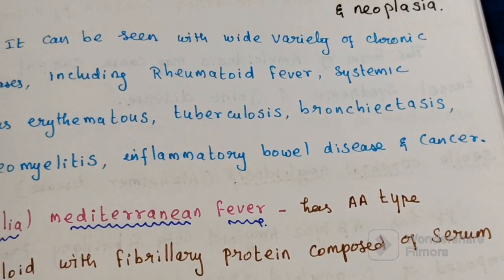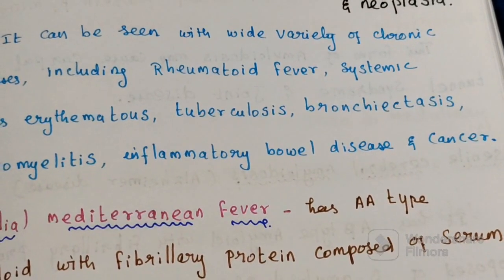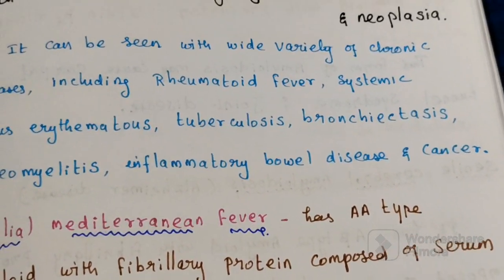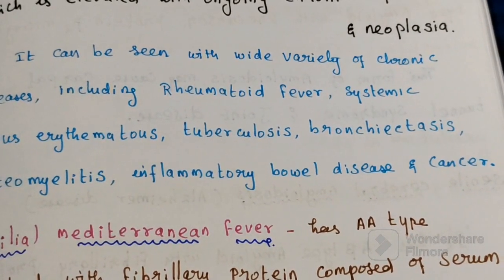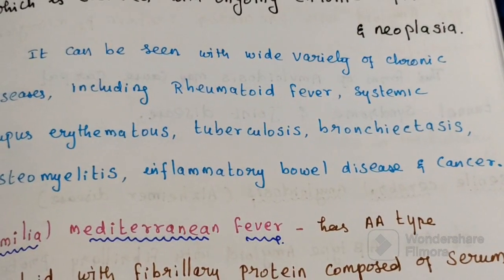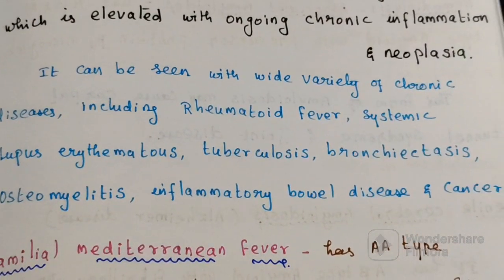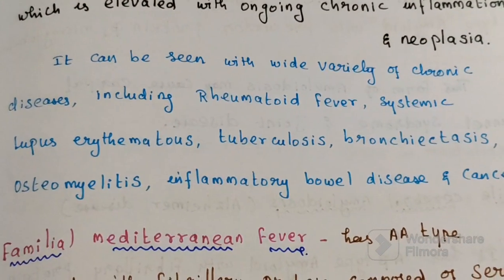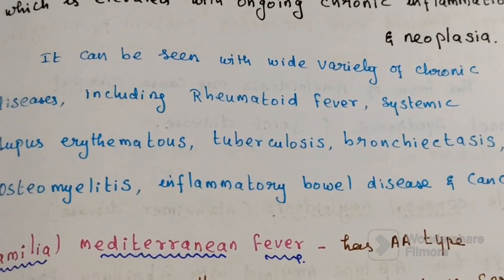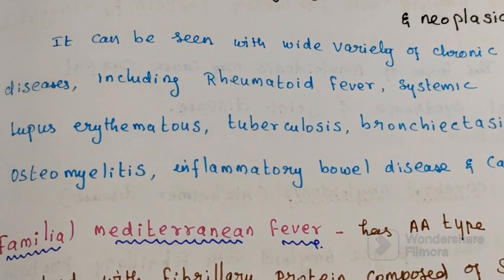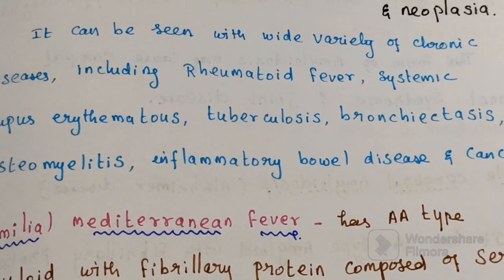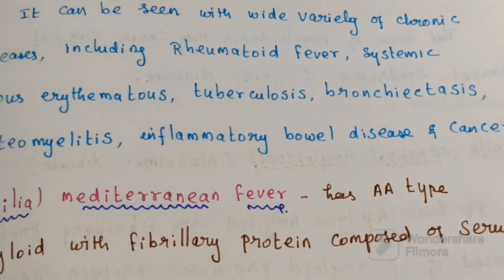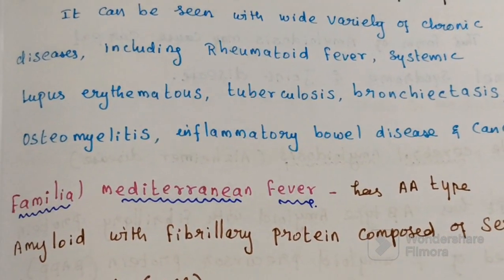All these diseases are responsible for deposition of amyloid associated protein in different organs. So secondary amyloidosis can be seen in a wide variety of chronic diseases.